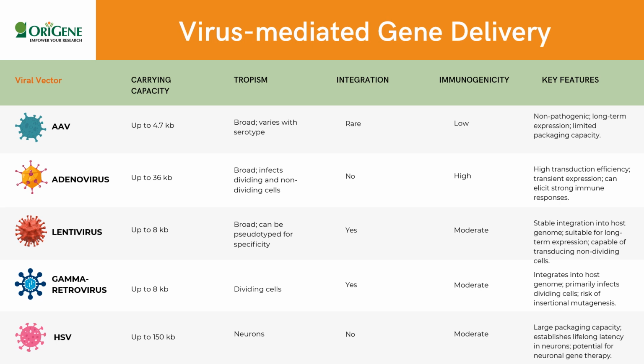Although the carrying capacity for AAV can be rather limiting, the broad tropism makes AAV one of the most versatile and efficient delivery methods. As you can see, each of these viral vector types has distinct advantages depending on the target tissue, desired gene expression duration, and immune response concerns. This allows researchers to choose based on the specific needs of the therapy.